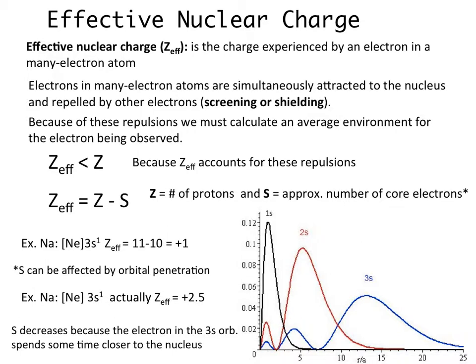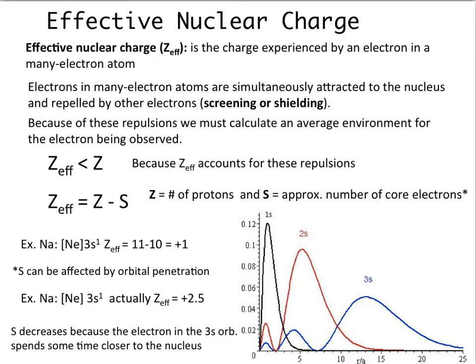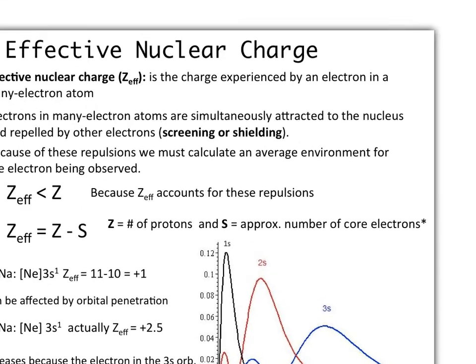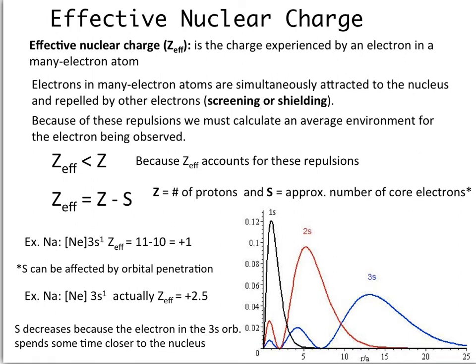So what ends up happening is your S value ends up decreasing, because the shielding that we're assuming is based on all of the electrons doing that shielding maintaining a specific distance from the nucleus.